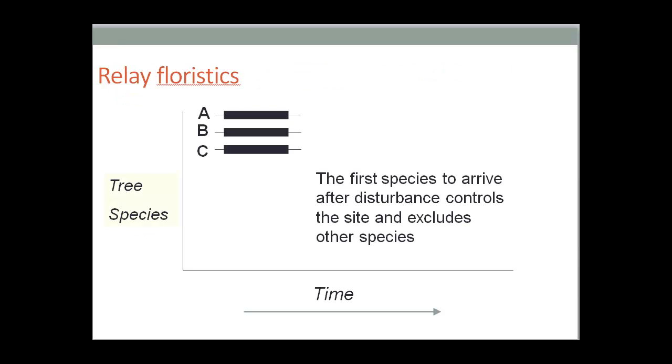In Frederick Clements's relay floristics model, we see this depicted graphically, where you have three different tree species, A, B, and C, and the zero line would be the starting point after some large-scale disturbance or even a small-scale disturbance, and you have these species establish. The point is that the first species to arrive when there's an availability of resources will control the site and will exclude other species.